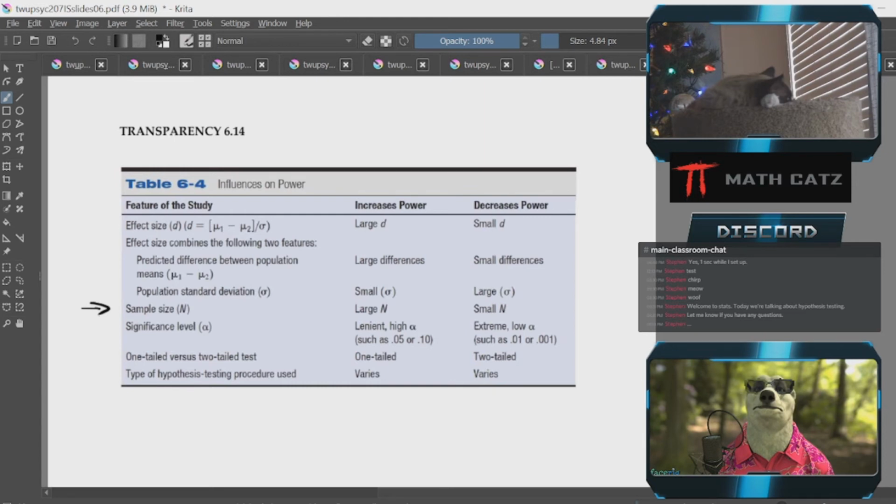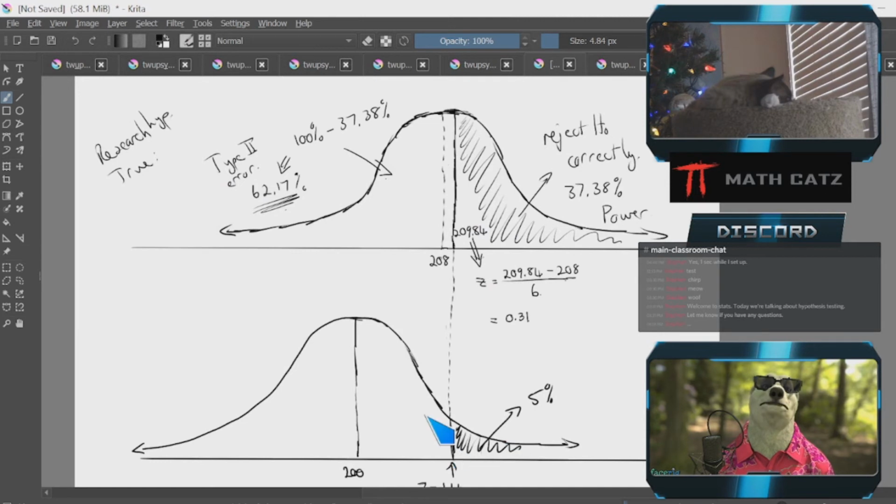If I increase my alpha to 10%, let's suppose it puts it over here, not 5% but 10%, then if I follow that line up, I'll have a much bigger region, so a much higher power, and therefore a smaller type 2 error. But I increased the probability of making a type 1 error. So there is a balance between the two, but I can change one to improve the other.